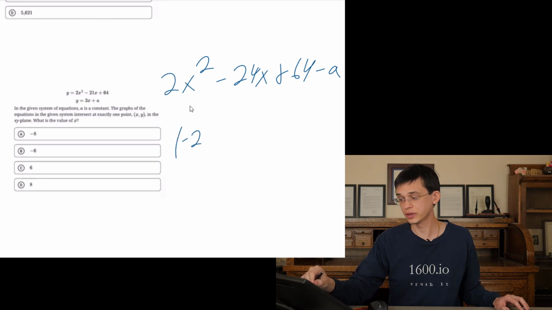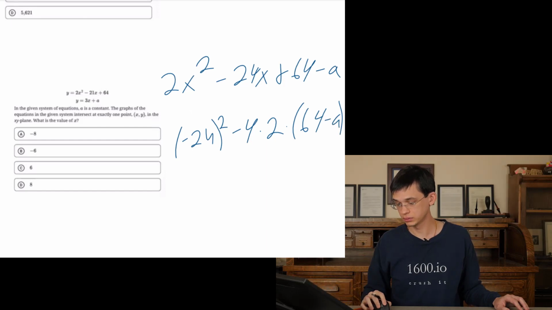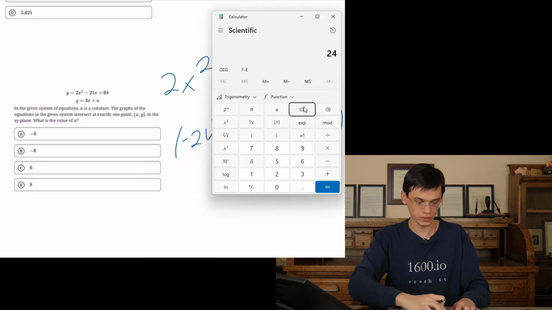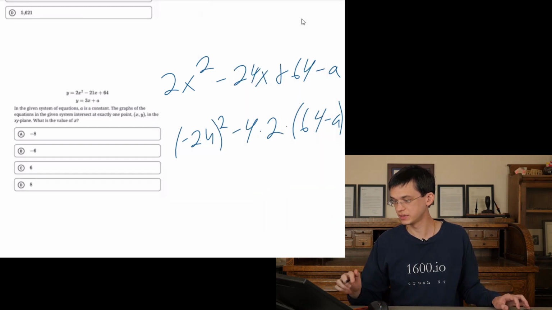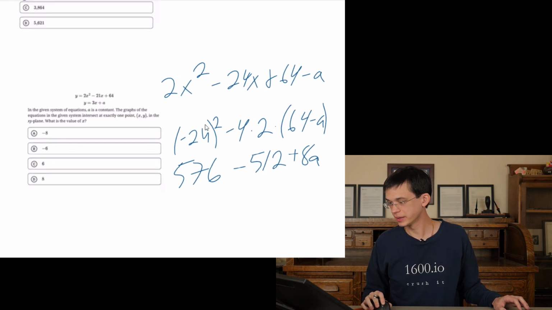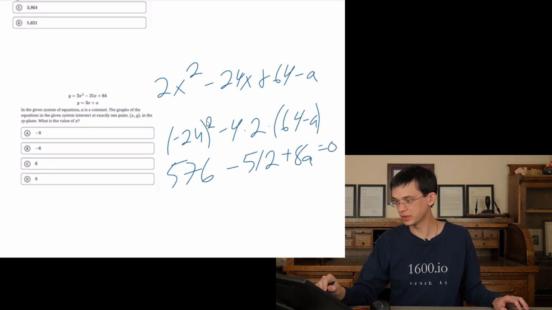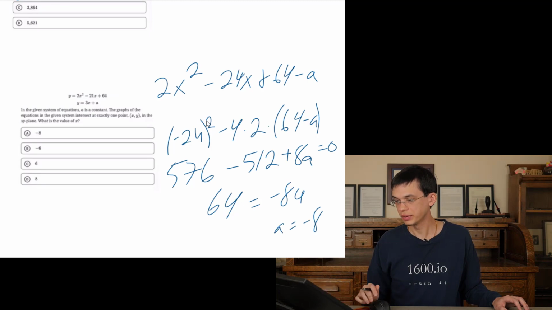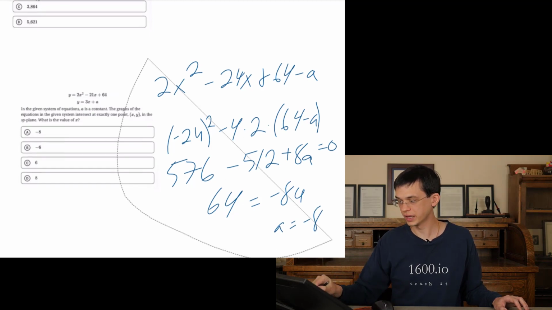So we get negative 24 squared minus 4 times 2 times 64 minus A. So 24 times 24 is 576. 576 minus, it's going to be 512 plus 8a. Yes. So that's going to have to be equal to 0. So this is going to be 64 equals negative 8a, a equals negative 8. But that's not our answer. That's just the value of a.